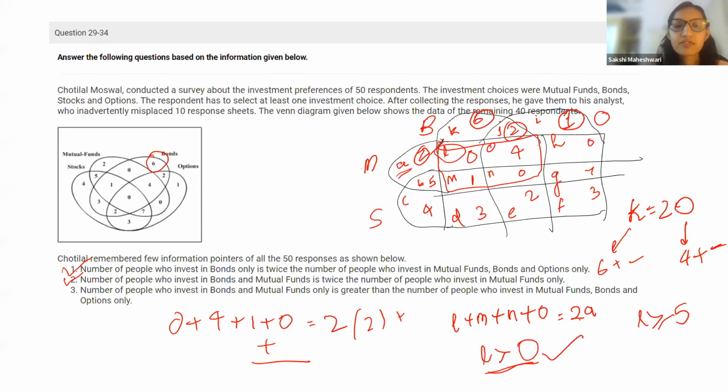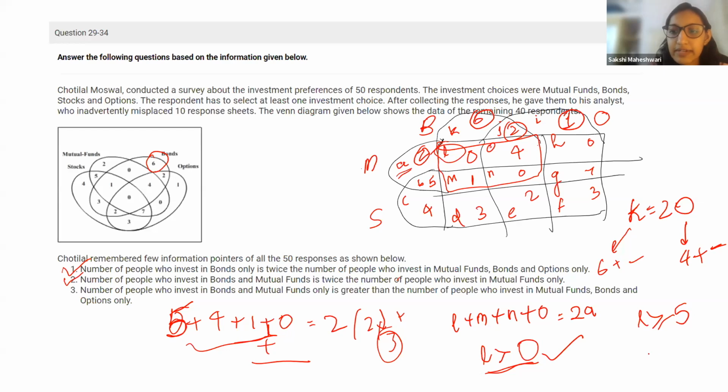If L is taken as 5, then in this condition this will become 5 plus 5, 10. And in order to fulfill that 10, we'll have to add 3 in here, right? This has to be so that this condition gets fulfilled. Is there any issue? Did you get my point?